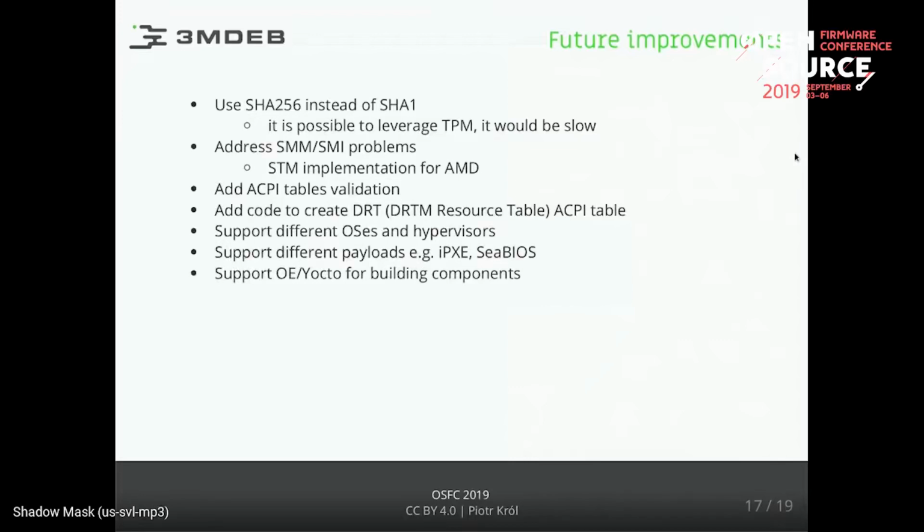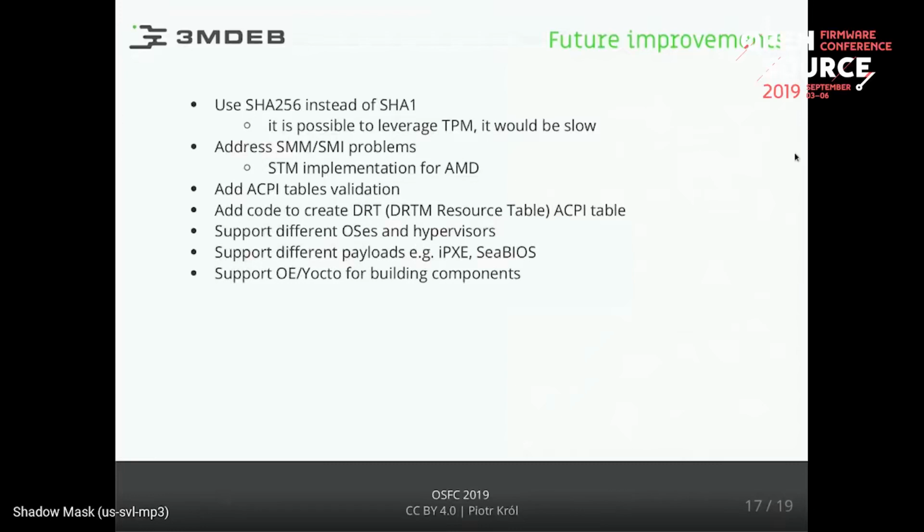The SMM and SMI problem has to be addressed. This implementation is better than what we had before, because before there was nothing. So right now we have some remaining small problems with SMI. The only reasonable mitigation would probably be to use SRTM and just measure everything and make sure that the firmware didn't change.